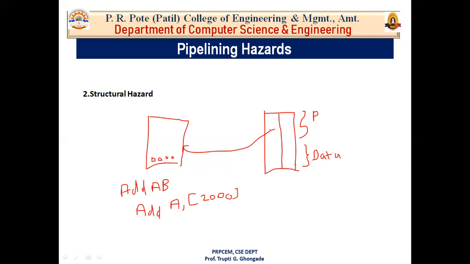We have already seen this in the addressing modes. This 2000 in square brackets means this is a memory location. So here you are adding the contents of A with the contents available at location 2000 in memory. In the earlier case we were adding the contents of A with the contents of B, and here we are adding A with the contents of memory location 2000.